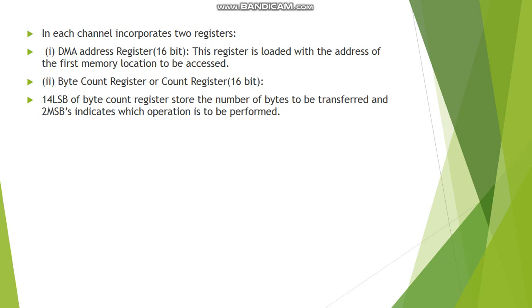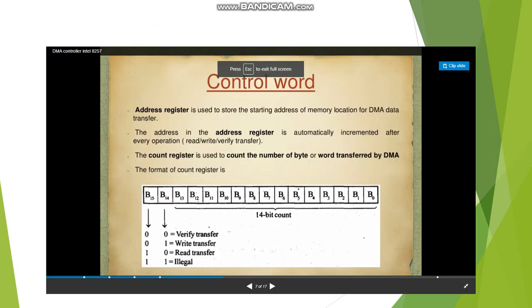Its 14 LSBs show how much data has to be transferred, and the 2 MSBs show which operation has to be done, either a write operation or a read operation on memory.